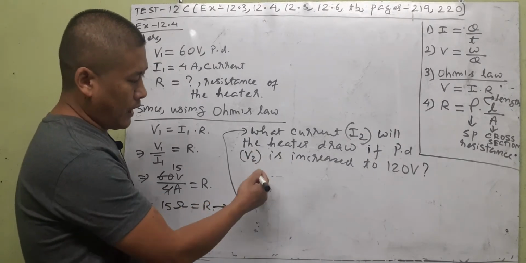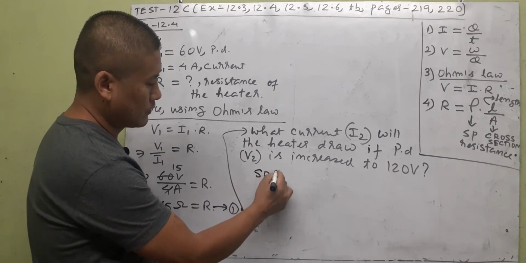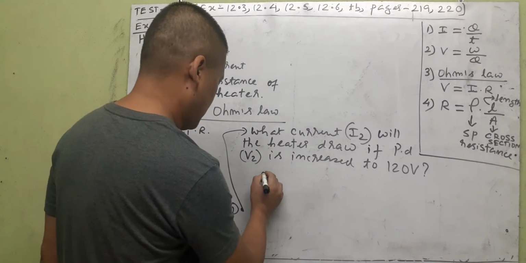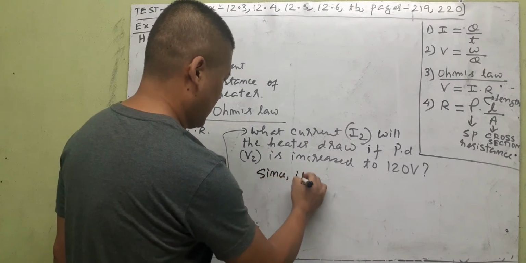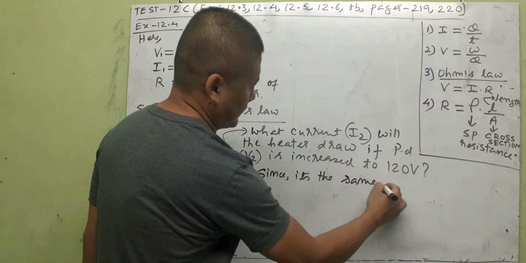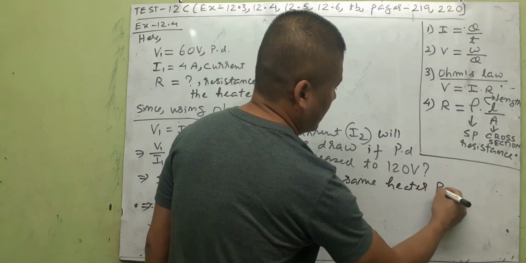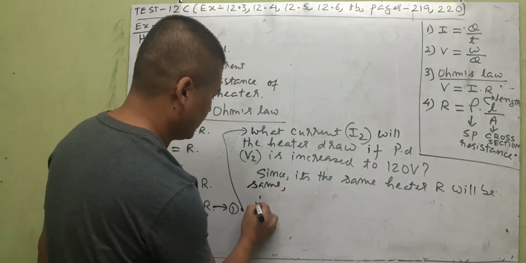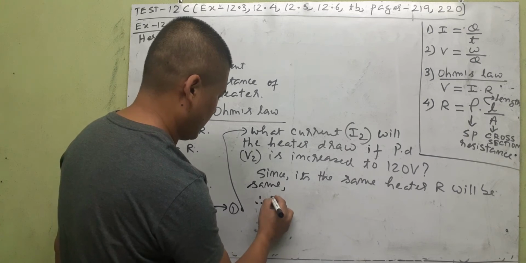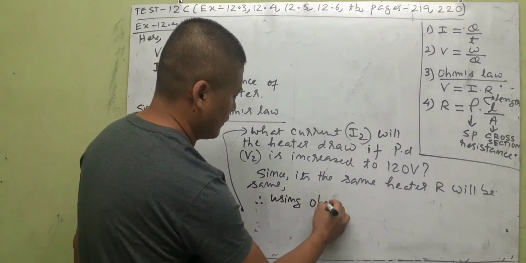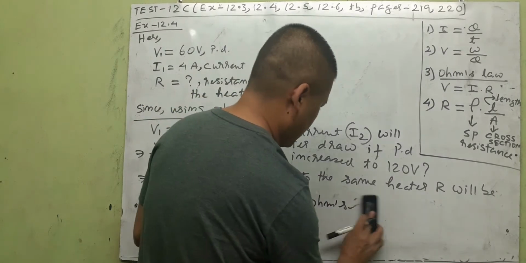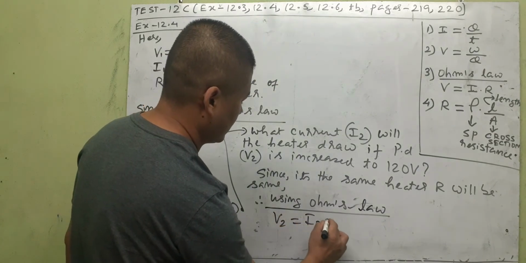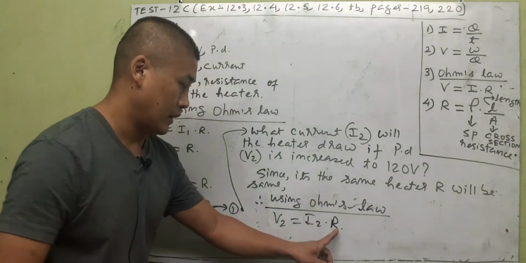So since it's the same heater, R will be the same. You can write here: since it's the same heater, the R value will be the same. Therefore, again using Ohm's law, in this case V2 equal to I2 into R, not R2 but R, because it's the same heater.